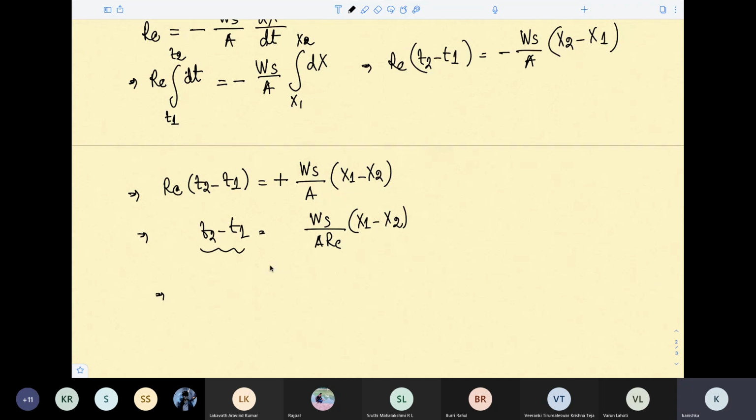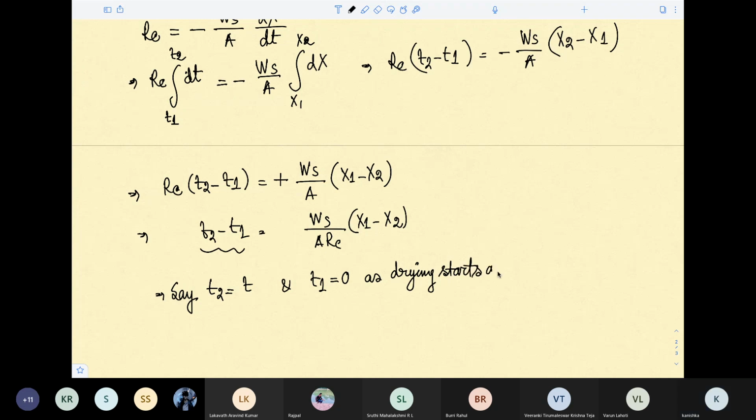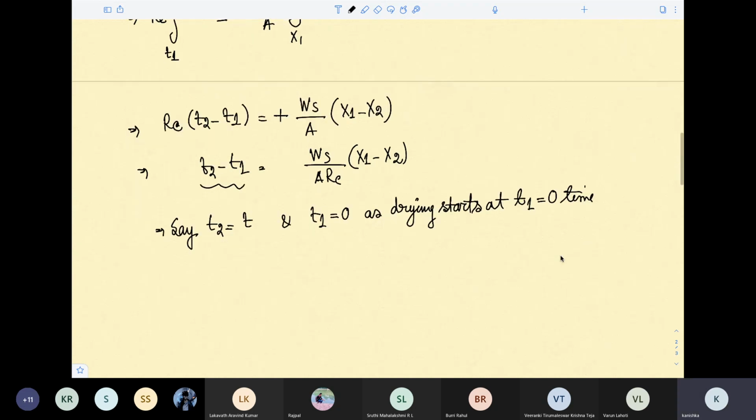So let's say T2 equals T and T1 equals 0, as drying starts at T1 equals 0 time. Okay.